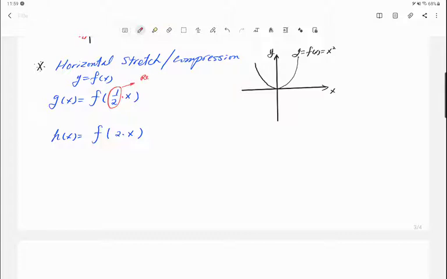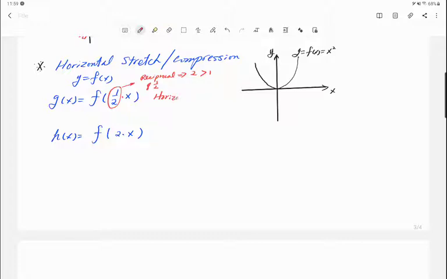The reciprocal is what? 2, right? The reciprocal of 1 over 2 is 2. And 2 is greater than 1, right? Then this is horizontal compression. Then this one is what? Horizontal stretch.